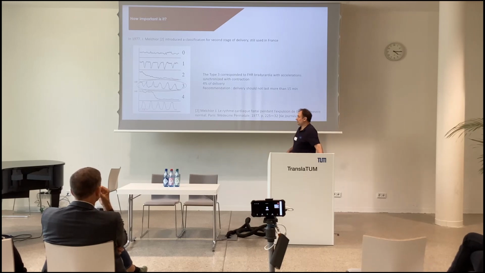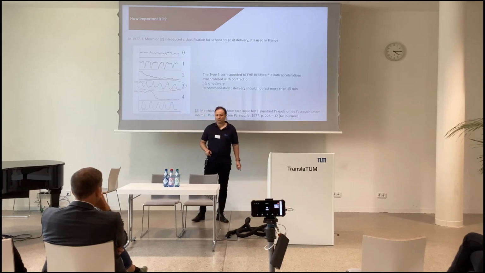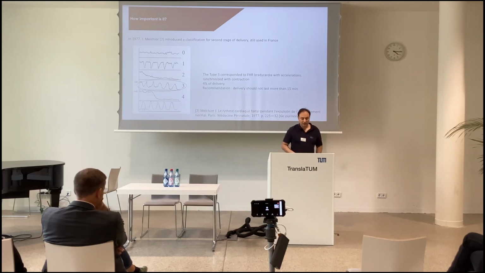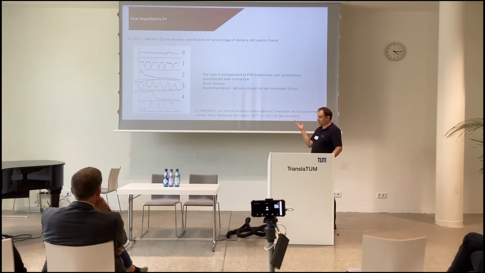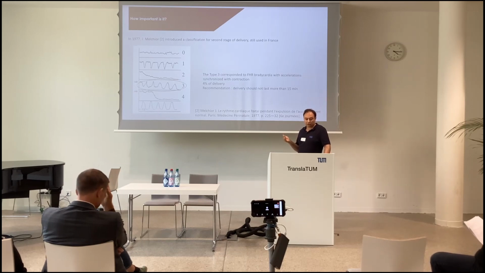And we can see that they made the mistake of introducing the pattern of class 3, which corresponded, as the authors thought, to FHR bradycardia with accelerations synchronized with contractions, which represented 4% of deliveries. And the recommendation was that the delivery should not last more than 15 minutes.